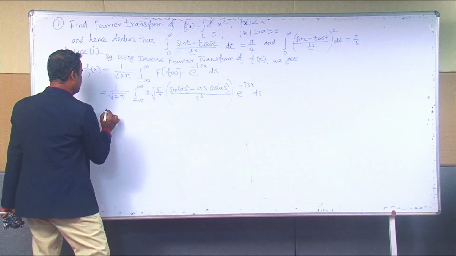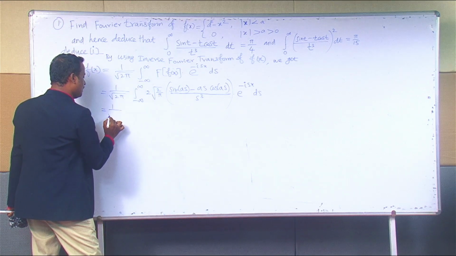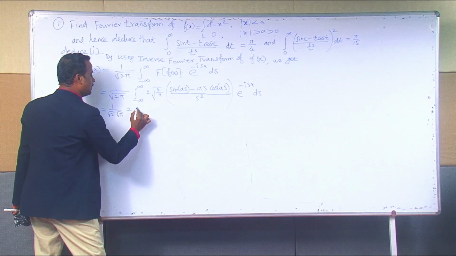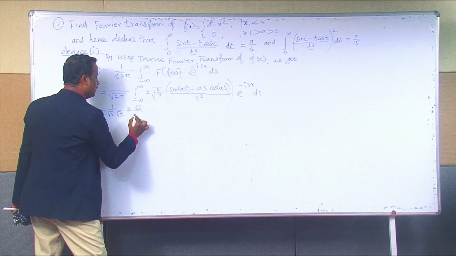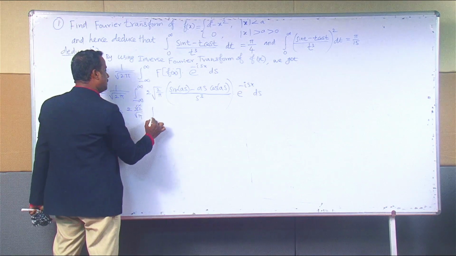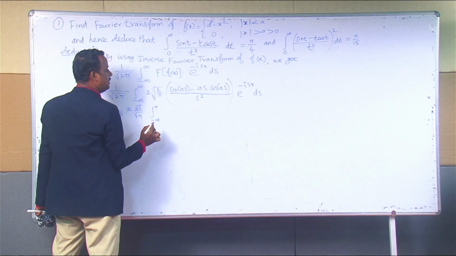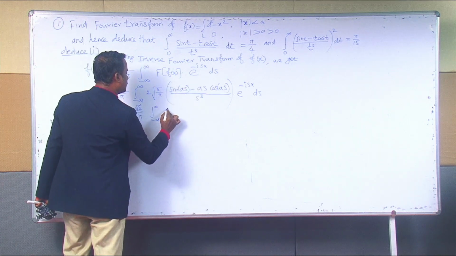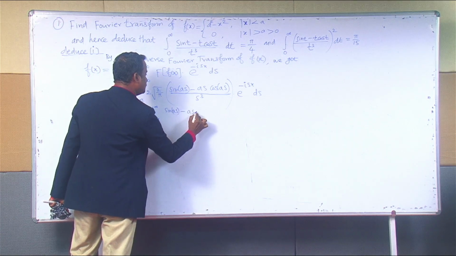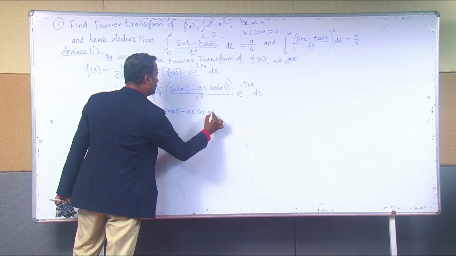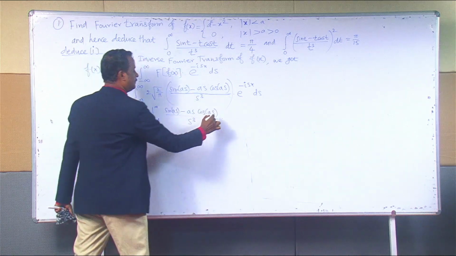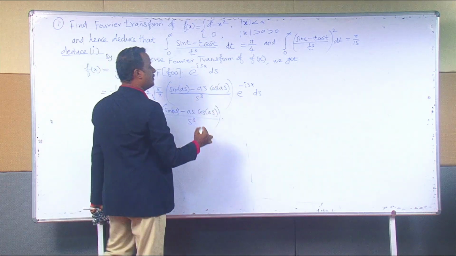Okay. Now listen, here we can write it as 1 divided by root 2 into root pi. So the constant becomes root 2 divided by root pi. The root 2 gets cancelled, and integral minus infinity to plus infinity of sin as minus as cos as divided by s cube into e power minus isx.